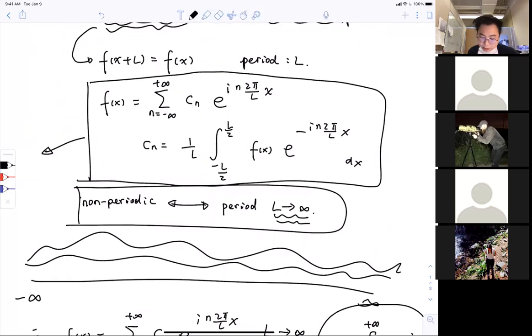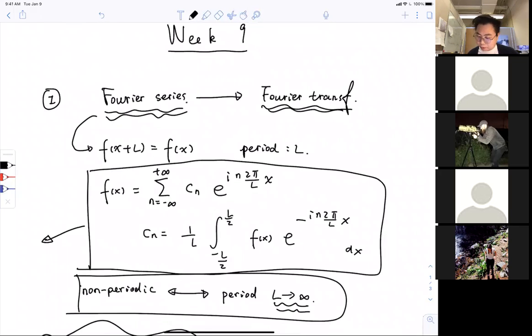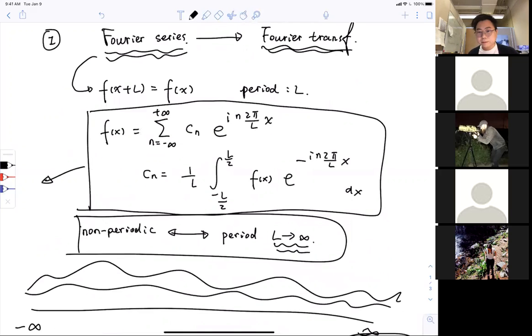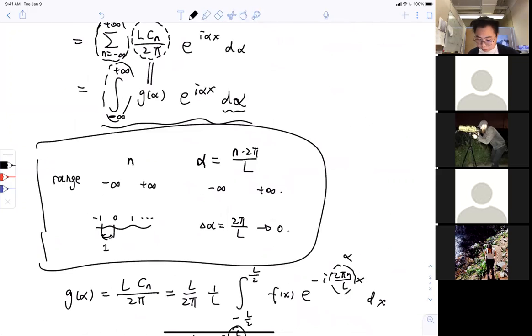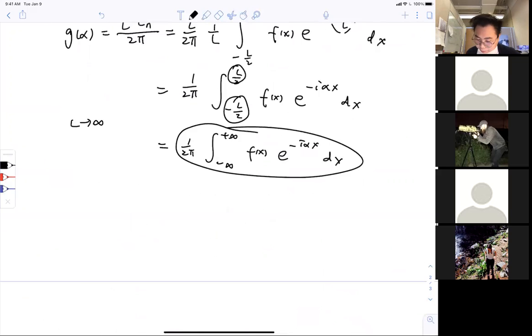This is just one way to view the Fourier transformation. You should definitely regard it as an independent technique. Okay, thank you. Yeah, definitely this is just one way to get the Fourier transformation.